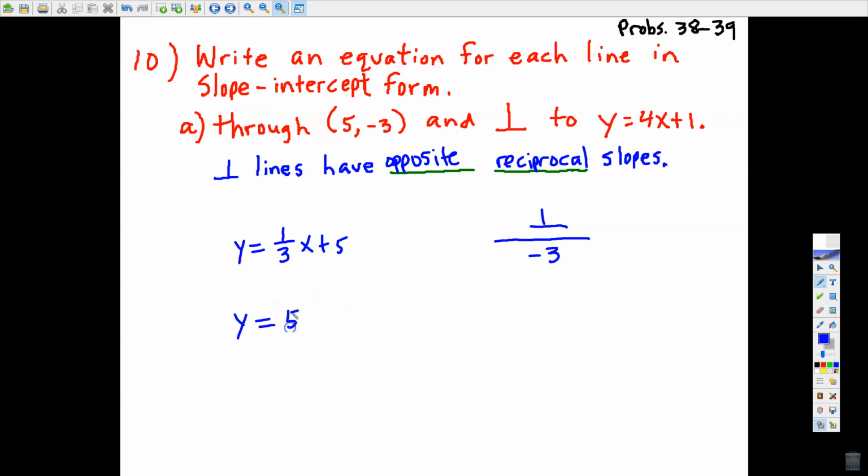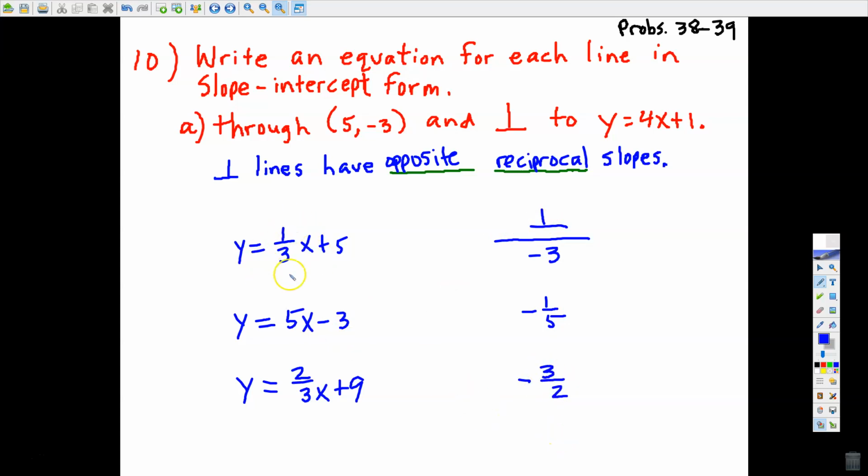Okay, let me do another one. Y equals 5x minus 3. Okay, the slope of this line is 5. So for a line that's perpendicular to it, it would have a slope of negative 1/5. See how that works? Okay, let's try one more. Y equals 2/3 x plus 9. All right, well, the slope of this line is 2/3. So for the line that's perpendicular to it, it would have a slope of negative 3/2.